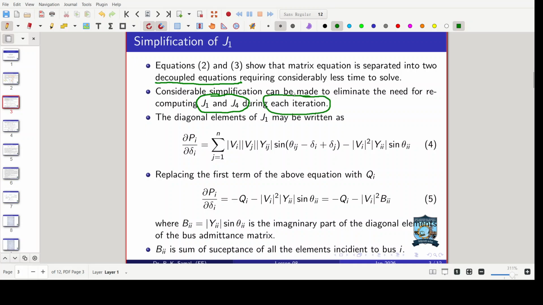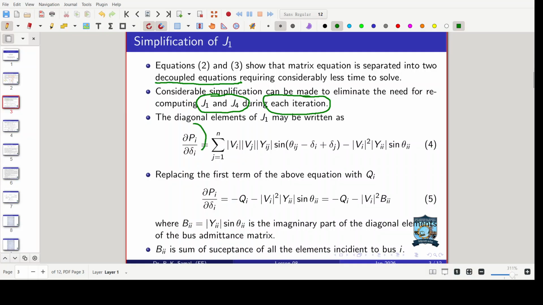The computational requirement of the Newton-Raphson method is that in every iteration we need to compute the Jacobian and find its inverse. So we want to find a way that we can compute the Jacobian only once and use it for the whole of the load flow computation.